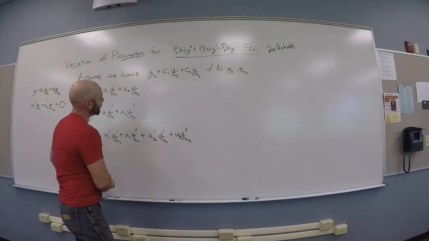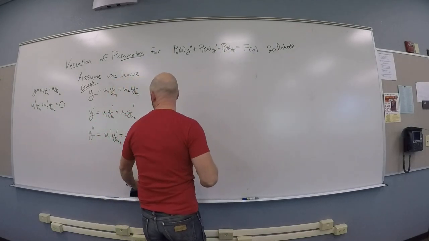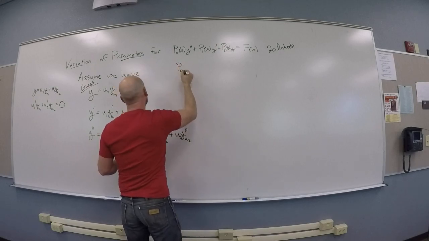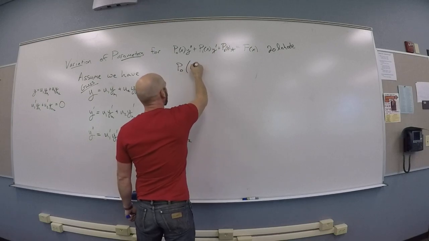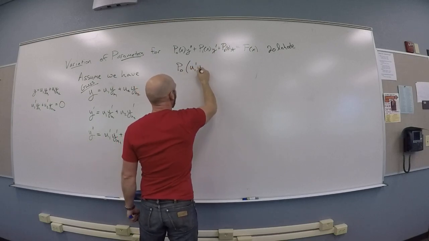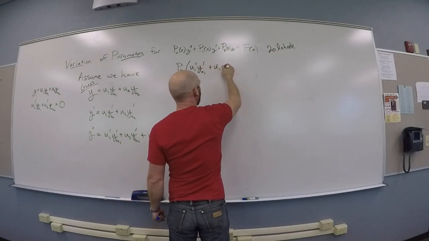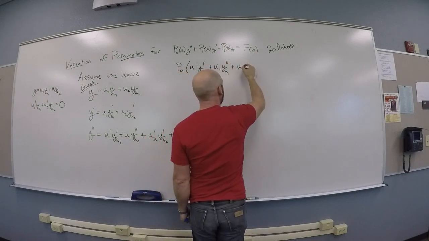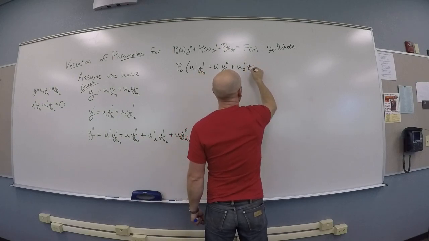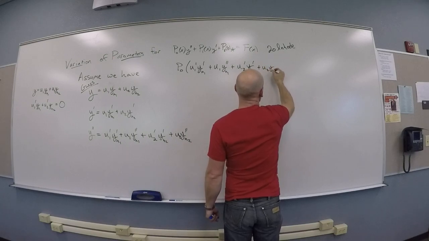Alright, so I'm going to shove all this junk in there. So I have P0 times u1 prime yh1 prime plus u1 yh1 double prime plus u2 prime yh2 prime plus u2 yh2 double prime.